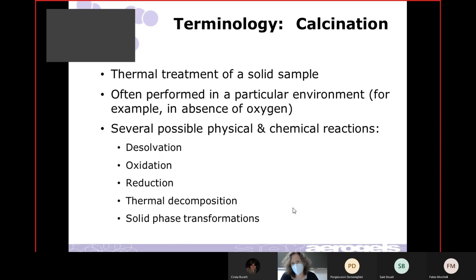There are different orientations that the atoms or ions that make up the solid could take with respect to each other that give different properties to the resulting material. And so you could have phase transformations, again, within the solid phase. I'm not talking about melting. So a number of different things could happen during calcination.